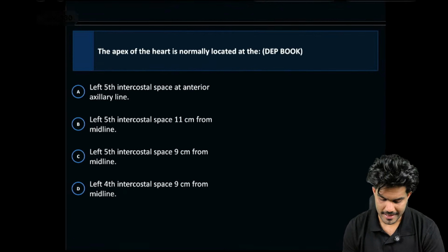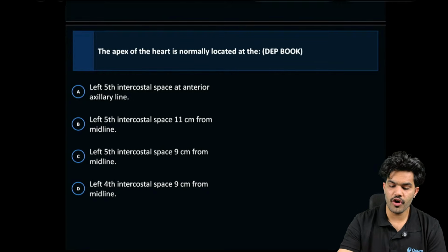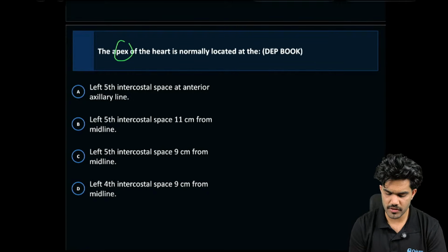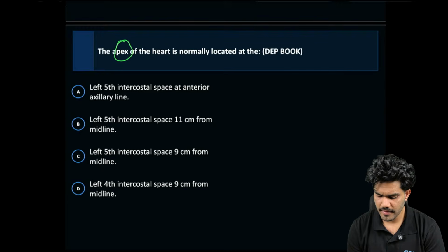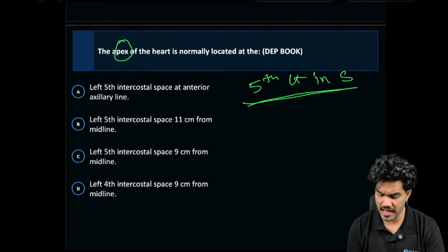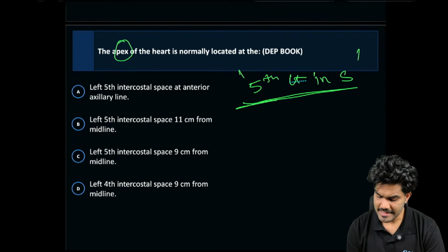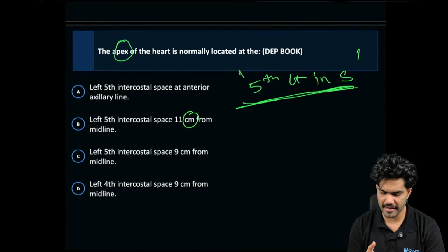Let's see. The apex of the heart is normally located at, see, this is also a repeated question, I told you, 5th left intercostal space. I have put this question because here in centimeters they are catching you.